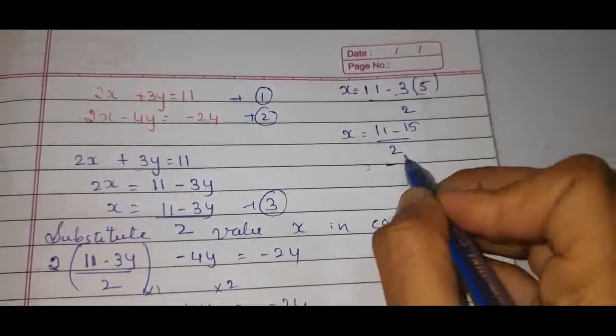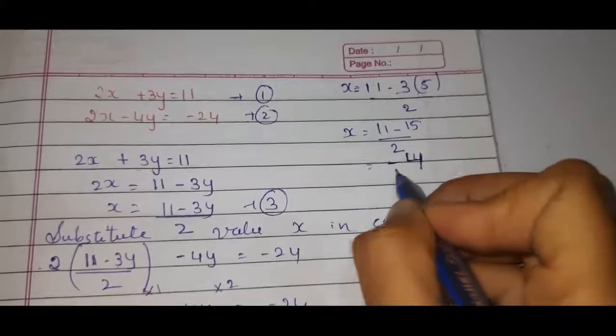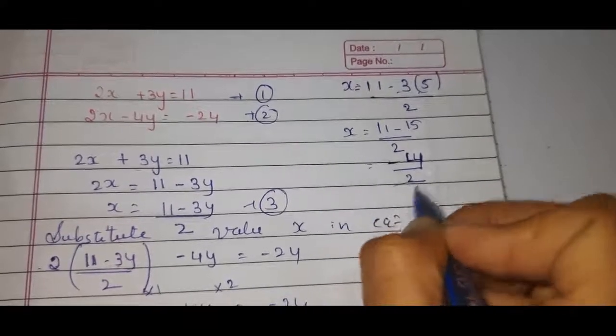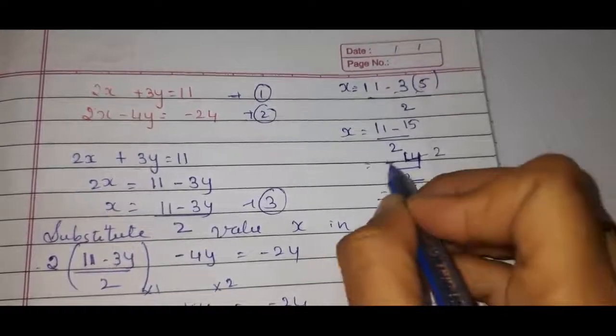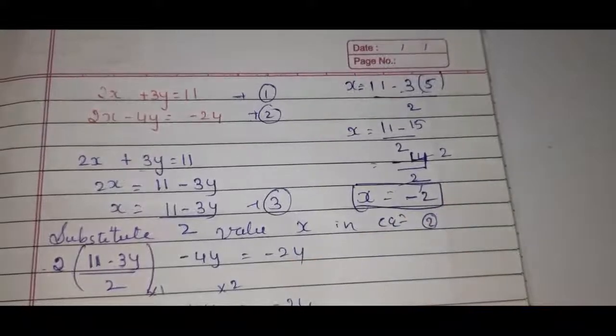Why minus? Because the greater number 15 contains the minus sign. Minus 4 divided by 2. 2 ones are 2, 2 twos are 4. x equals minus 2.